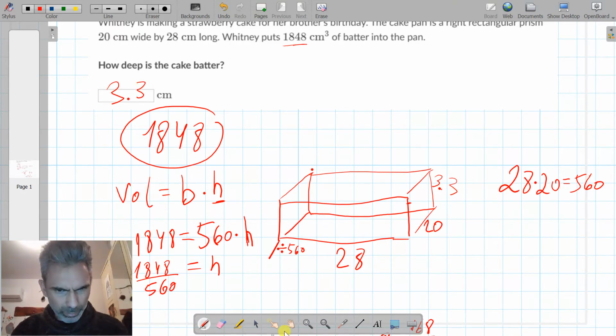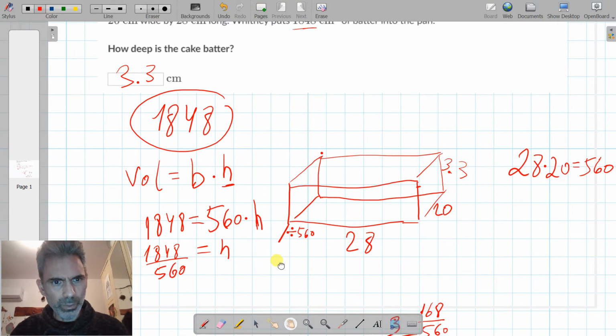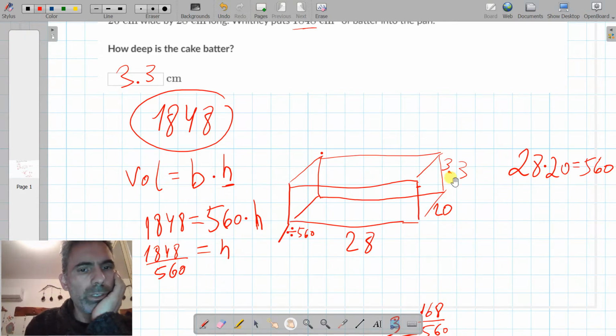Let's make sure. Now I have the height, 3.3. Now I want to plug it back into the formula for the volume.